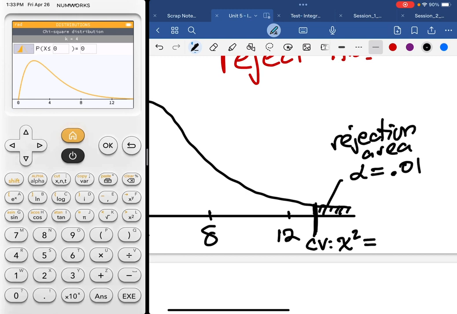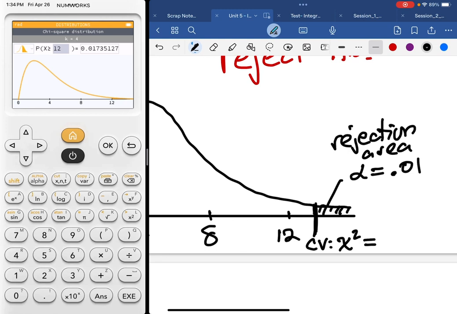So what I mean by that is I'm looking for something that's shaded on the right side. So I grab this one. This tells me what the probability is that any chi-square, they say x here, I think because of the ability or inability to use appropriate characters. But they're saying x is greater than or equal to 0, that's everything. If I change that to a 1, for example, you can see that it's working its way over. I make it a 12, all right, so you're getting closer and closer to a 0.01.